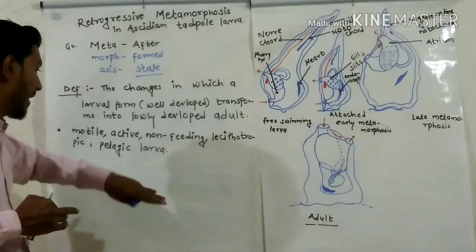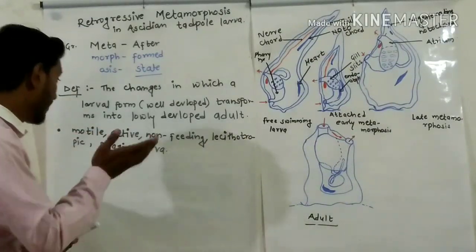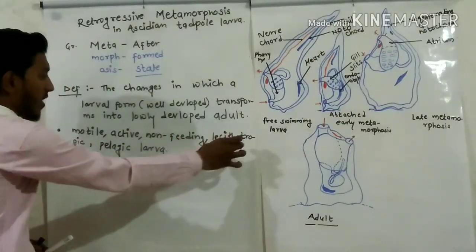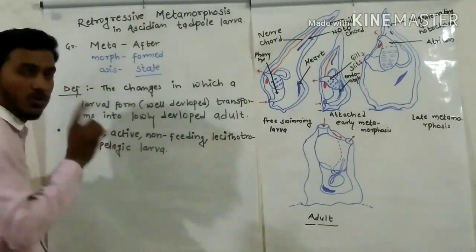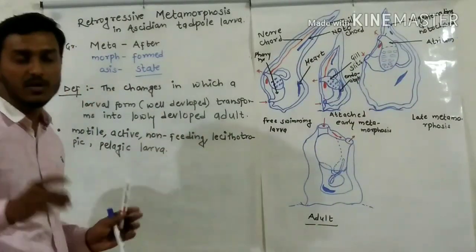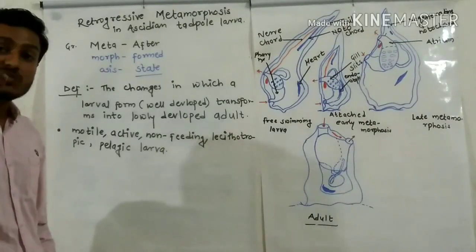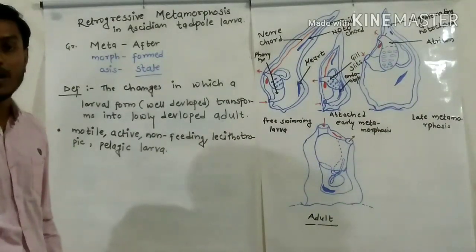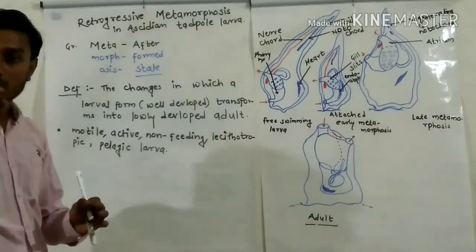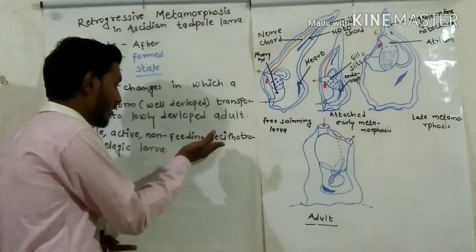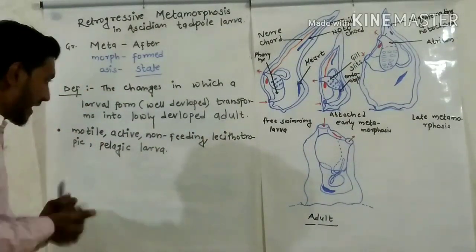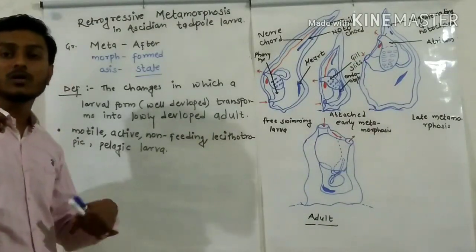Exactly opposite words are used for the larva and the adult. The larva is motile, active, non-feeding, lecithotropic and pelagic. You know motile, you also know the meaning of active, and you also know the meaning of non-feeding. Non-feeding means not eating anything, because we have seen in the structure of the ascidian tadpole larva that its digestive system was non-functional. And lecithotropic means the organism is feeding on its own yolk reserve.